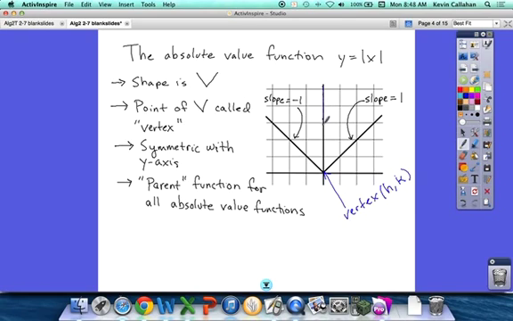If I draw in a line right there, this is geometry terms, right? A line of symmetry. The y-axis is a line of symmetry. It looks the same to the left as it does to the right. You would never want to draw the V so that on one side it's going off at an angle like that, and the other it's going off at a different angle. No, it's exactly symmetric.